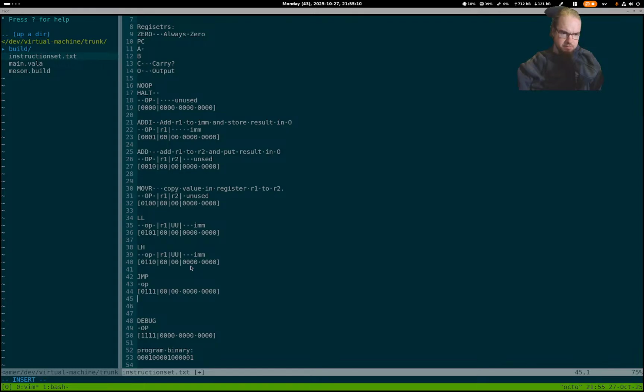So that is the jump instruction, and this is R1, and this is unused. So it jumps to the address in the register.